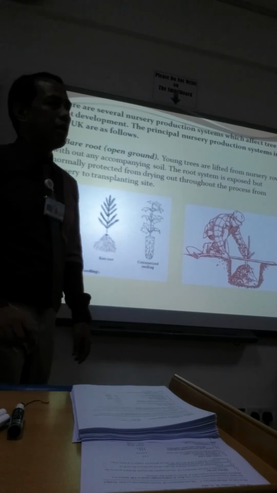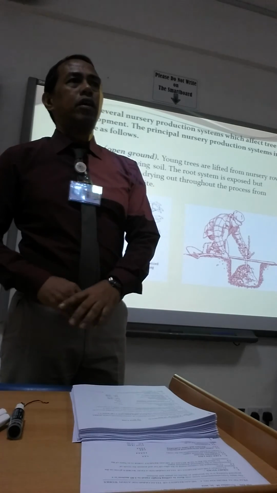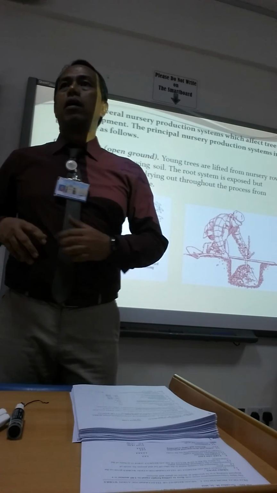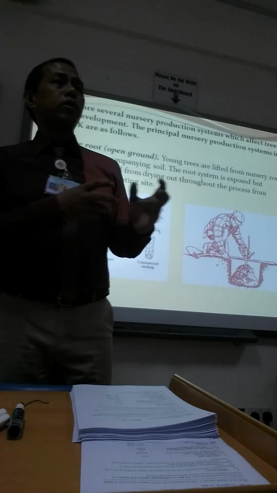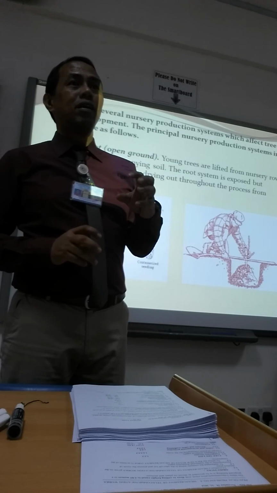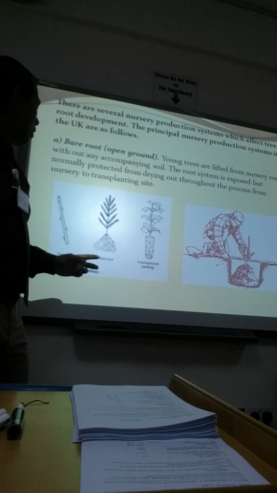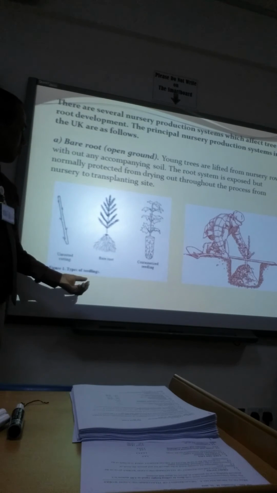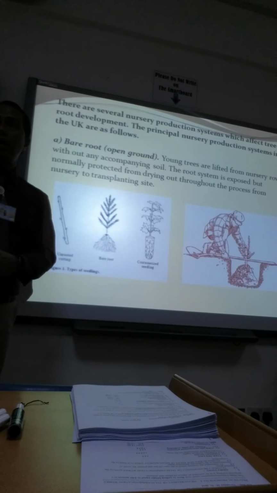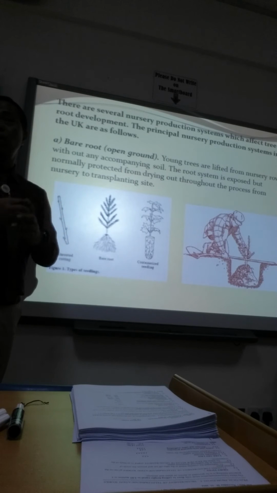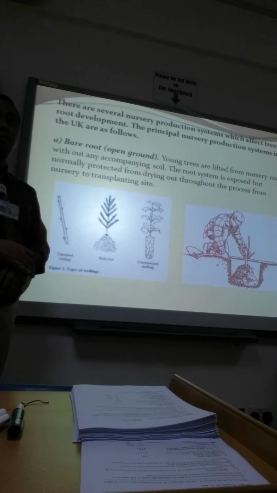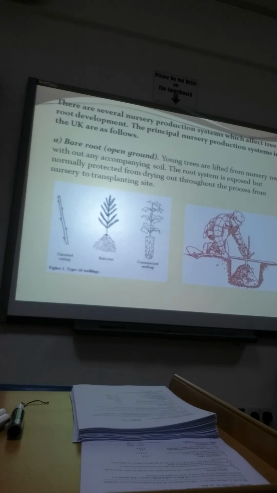Therefore, in transporting a bare root tree, it is very light to transport trees without soil, because a tree can grow without any soil in its root. Then it is very light to transport. You can transport many trees if it is a bare root tree. As shown here.